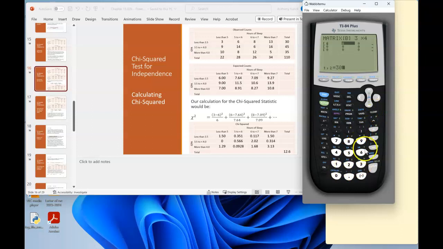So 30 times 28 divided by 110. 30 times 26 divided by 110. 30 times 34 divided by 110. Everybody's okay with what I'm doing?